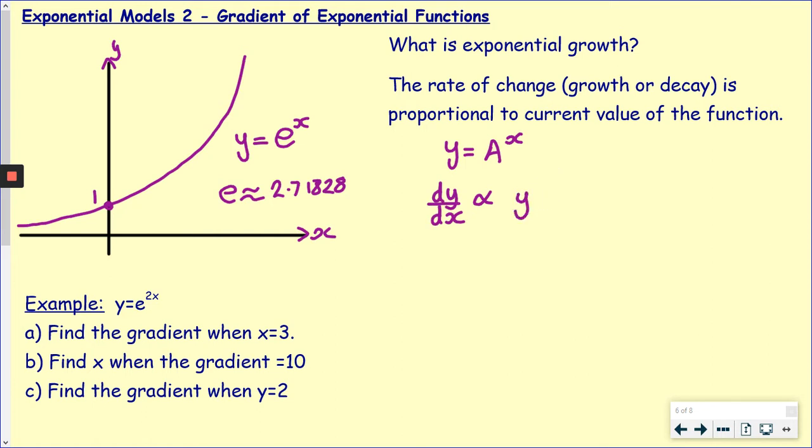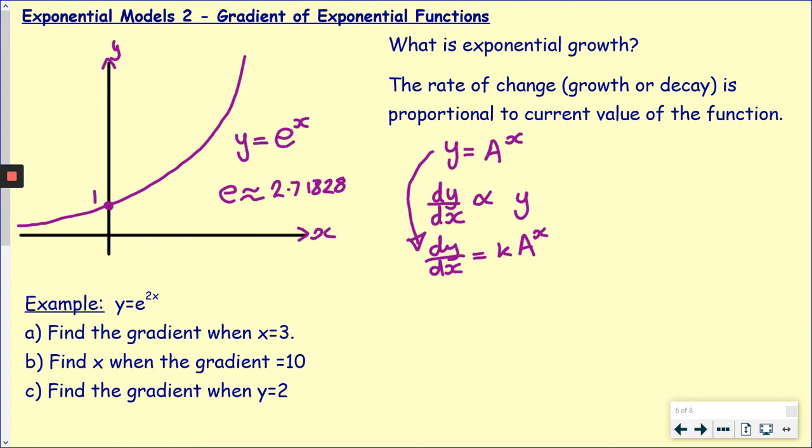It's proportional to y. So we can say, therefore, that dy dx equals some multiple, a number k, of a to the x or y. And so this allows us to differentiate. We can go straight from there to there. But the problem is, what's this value k?